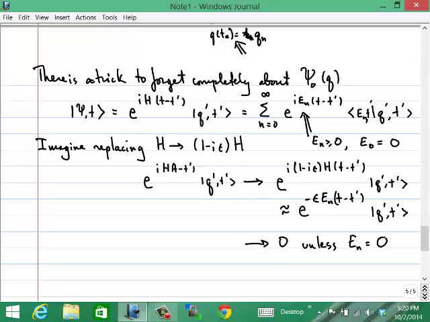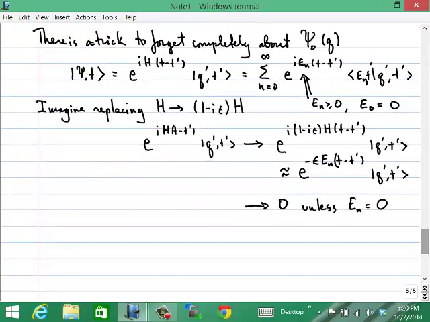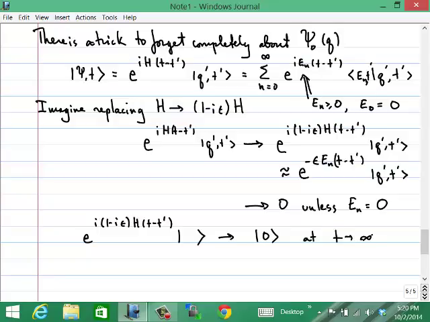Okay. So what that means is that e to the i (1 minus i epsilon) h (t minus t prime) acting on this state q prime will approach the ground state at late times. So it approaches the vacuum state as t goes to infinity, times some normalization factor, which was just the overlap of the original state q prime with the vacuum state.